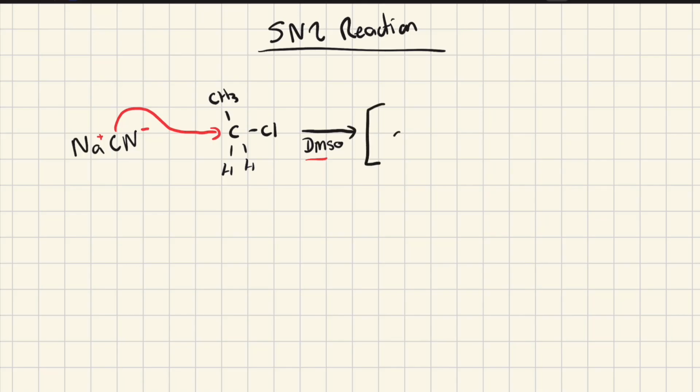We're going to have our cyanide, and we're going to draw our partial bond to our alkyl halide, and then we're going to do another partial bond with our halogen, with our leaving group. Now if we want to draw our charges, our cyanide was a strong nucleophile, it's an anion, so by putting it in a partial bond with our alkyl group, it's getting closer to neutral.